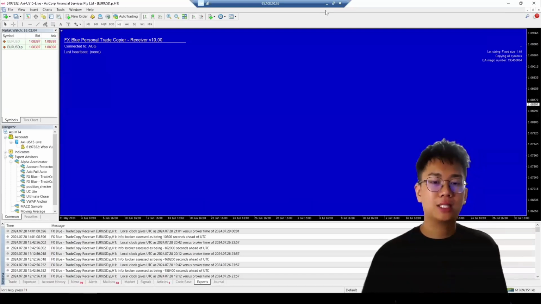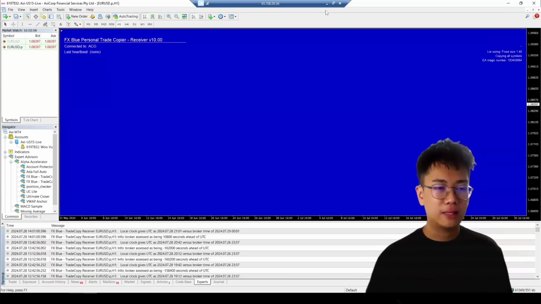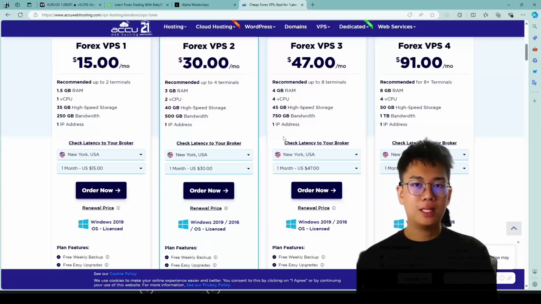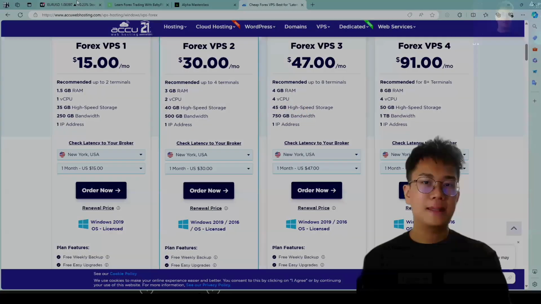Put your robot into this server so that it can run 24/7. In short, it's a tool to run your robot 24/7 uninterrupted.